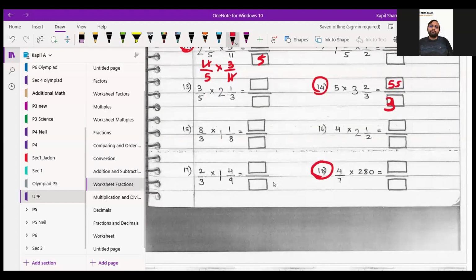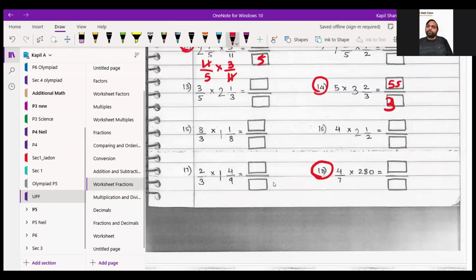Try this. 4 upon 7 times 280. No, Swastik.